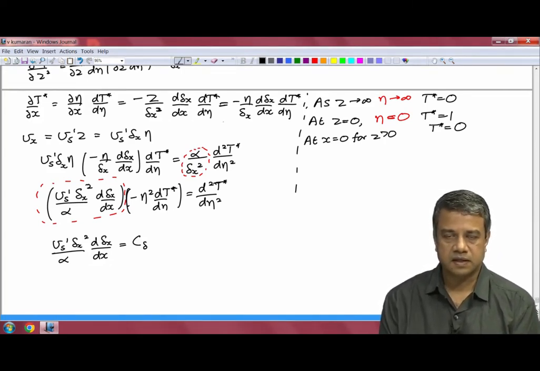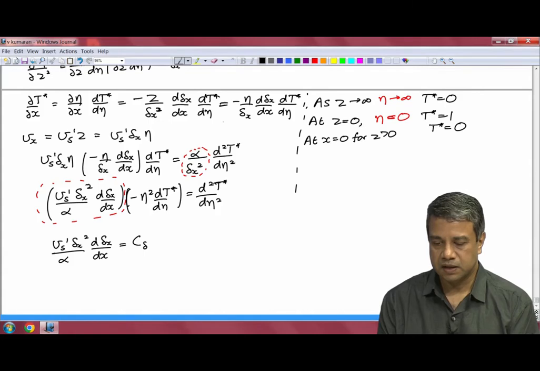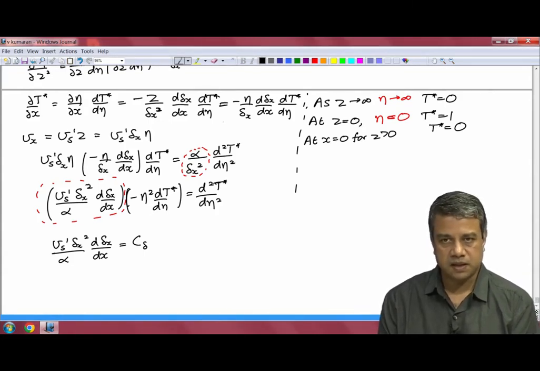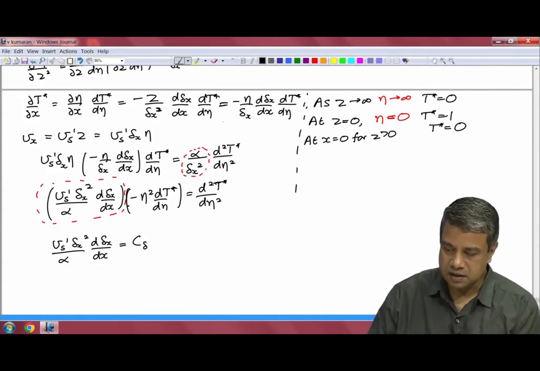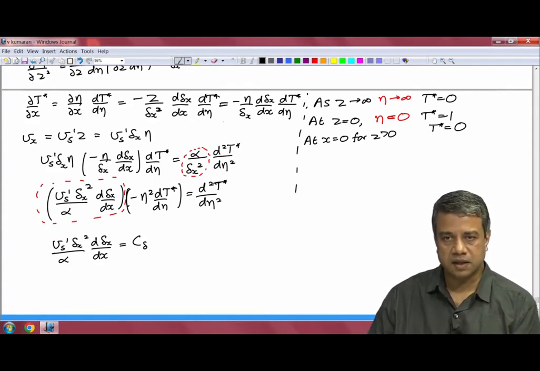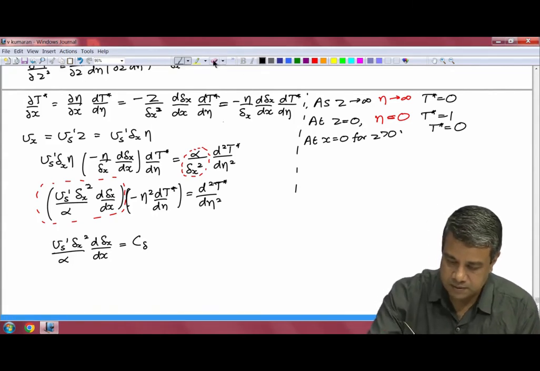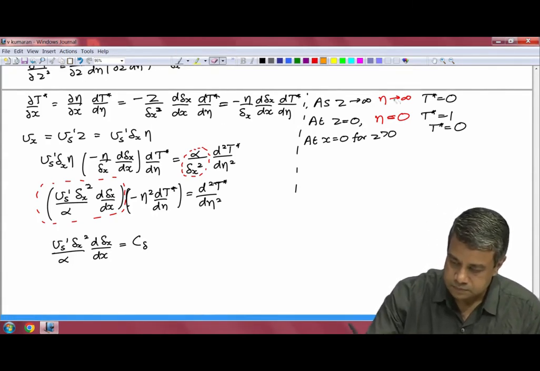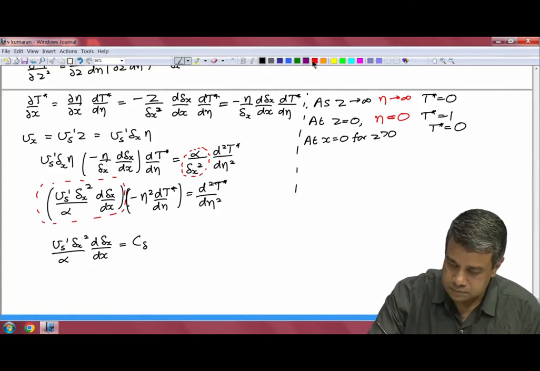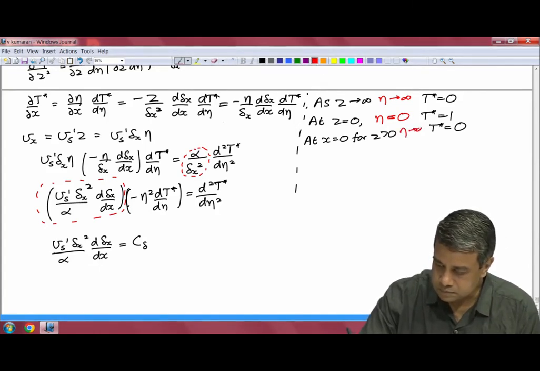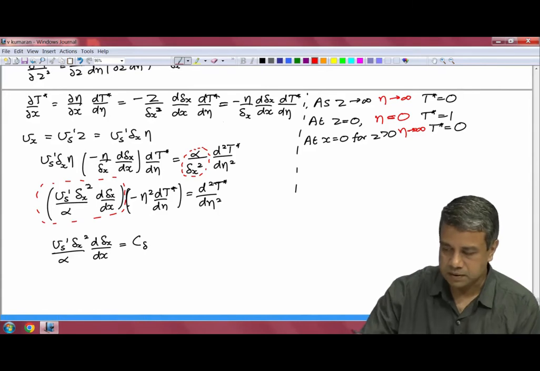At the start of the heating section, there has not been any heat transfer yet. That means that the boundary layer thickness, the region over which there is a disturbance due to the heating from the heated plate, has to decrease to 0. That means delta x has to decrease to 0. Eta is z by delta x, and therefore, for z greater than 0, delta x equal to 0 means that eta goes to infinity.